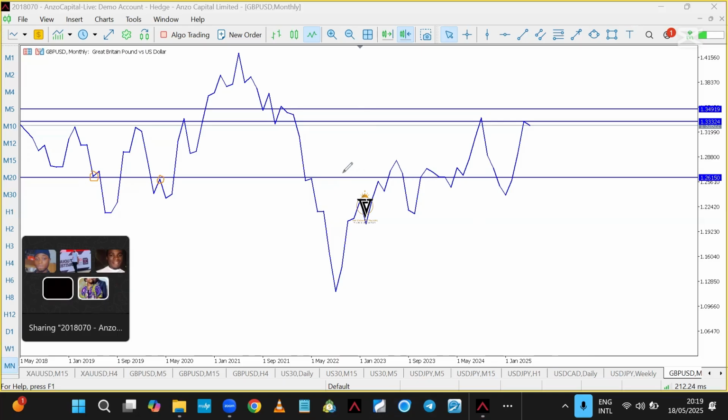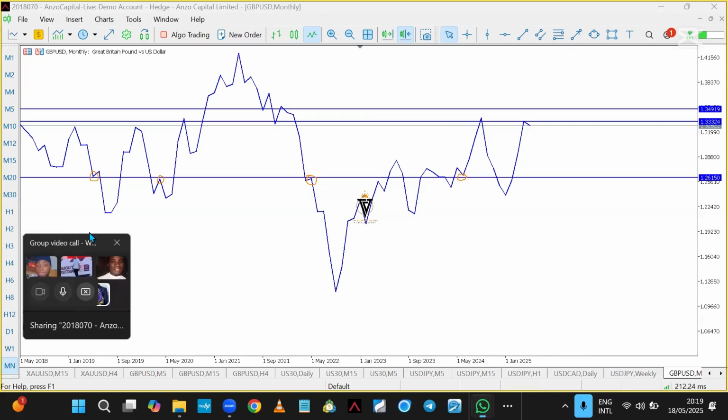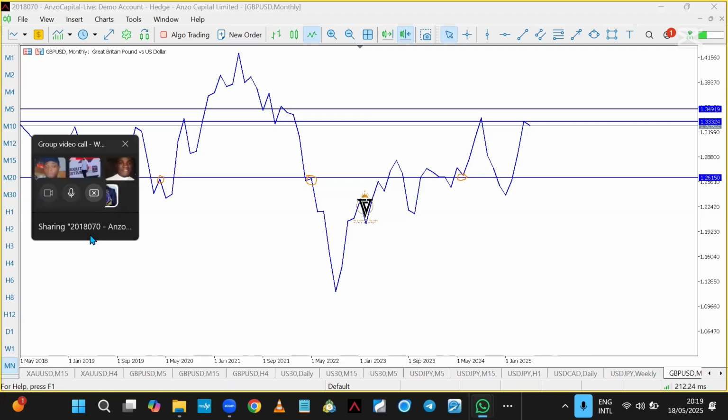This is another level here. Okay, this is another level here. So we have a lot of levels at that spot, which are equally classified as zones.